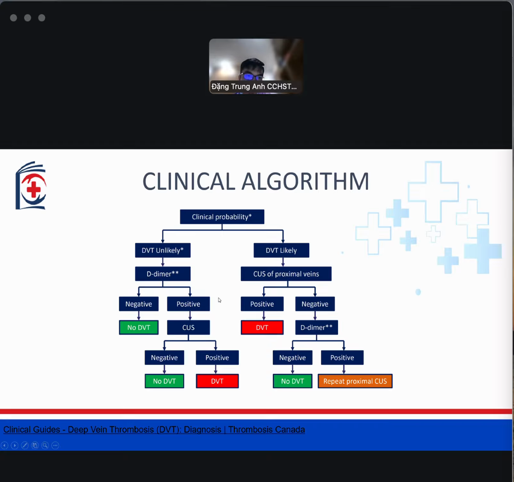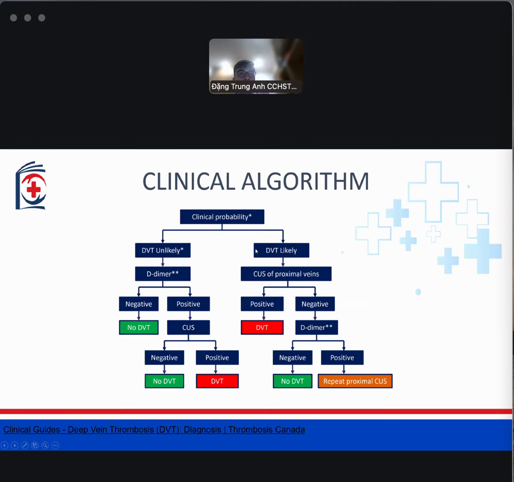If the D-dimer test is positive, we do the compression ultrasound, and if it is negative, the patient has no DVT. If the patient has a positive ultrasound finding, we accept that the patient has DVT, and then we have to treat the DVT.